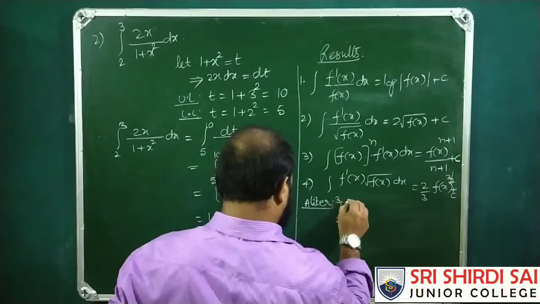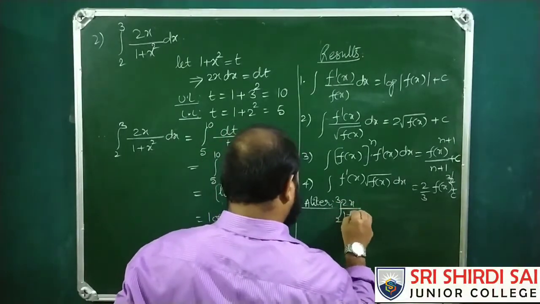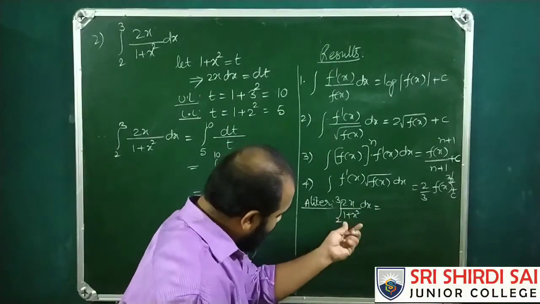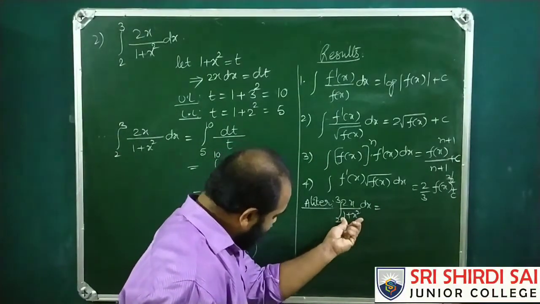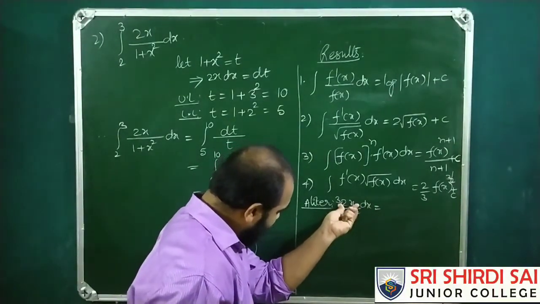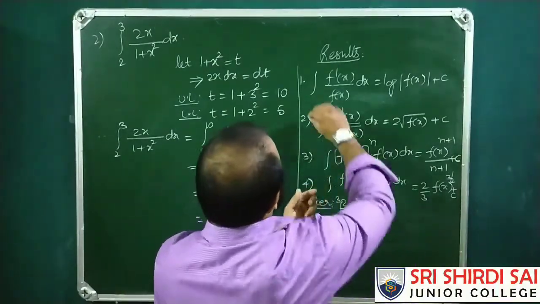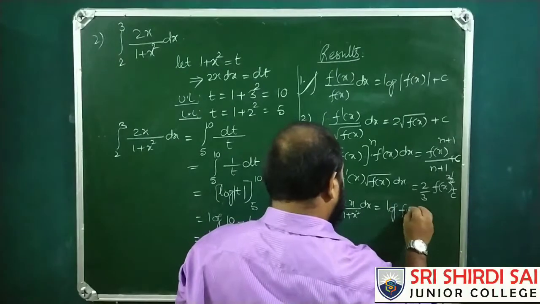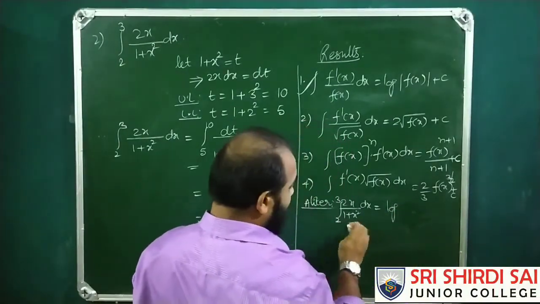Here again, 2x by 1 plus x square dx: 1 plus x square is f of x, its derivative is f dash x. So f dash x by f of x dx gives log f of x. What is f of x here?